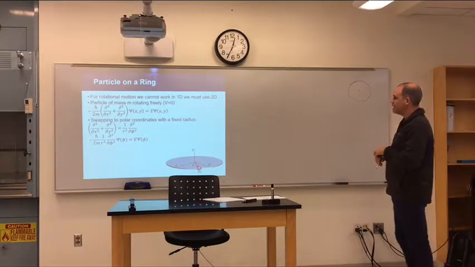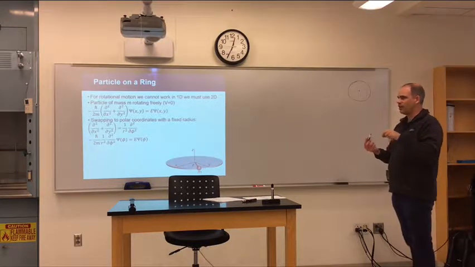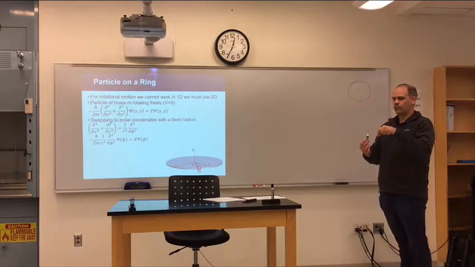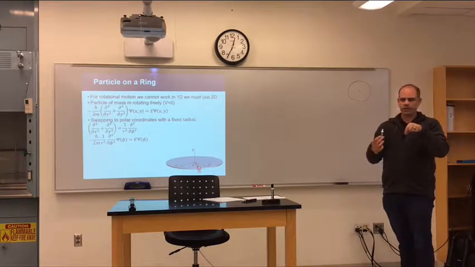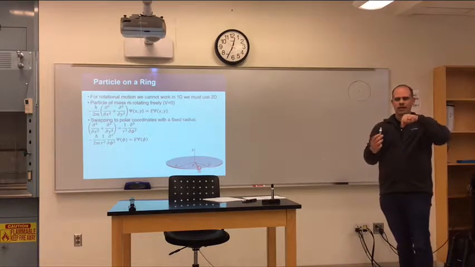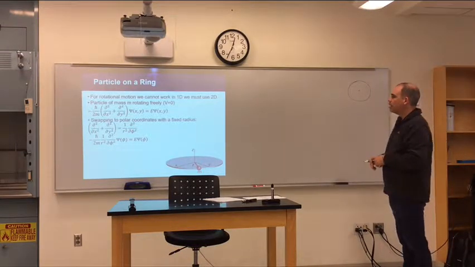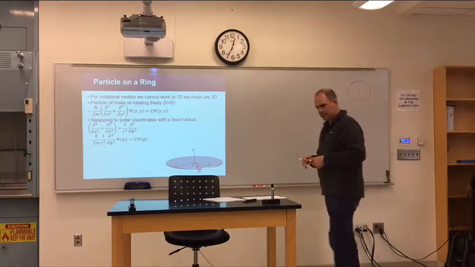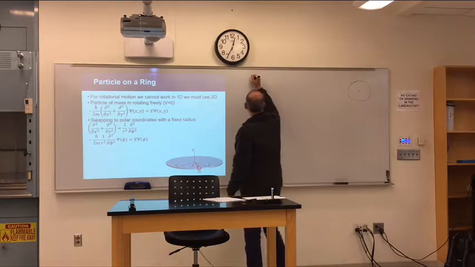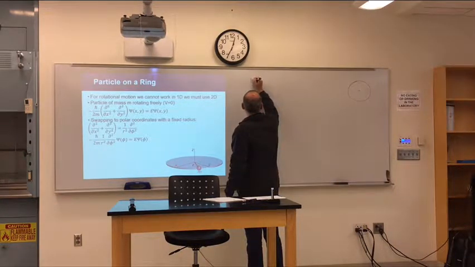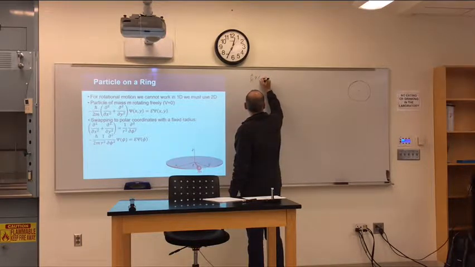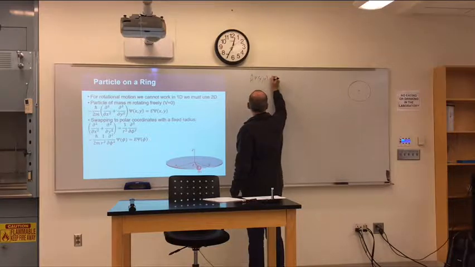And then to simplify things, we're going to say that the circle has a fixed radius. Right? So it's only going around. It's not able to change the distance to the center. Okay, so we would start out with a wave function. We start out where we always start out, which is the Hamiltonian acting on the wave function, currently in the x and y axes.